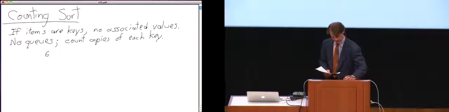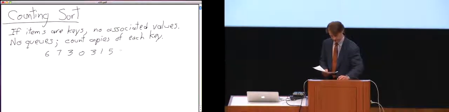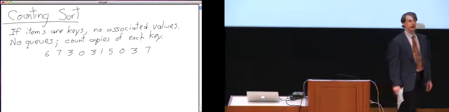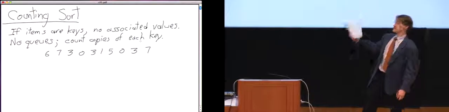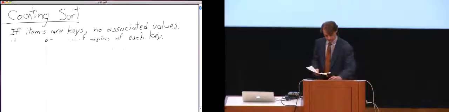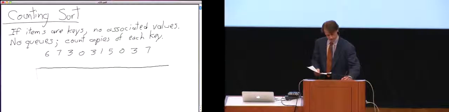Suppose that this is our input. Suppose I have this list of numbers, and I want to sort them. Well, I start by noticing that all these numbers are in the range between 0 and 7. So I can sort them with a count array that goes from 0 to 7.